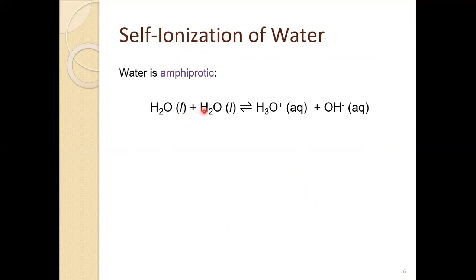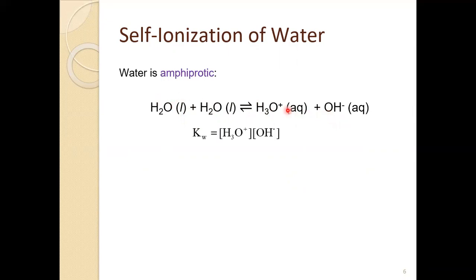One substance acts as a base, it gains a hydrogen ion. So the base water molecule becomes hydronium, the acidic water molecule becomes hydroxide. So one molecule loses a hydrogen ion to the other water molecule to produce, notice, an acidic ion and a base ion in equal amounts.